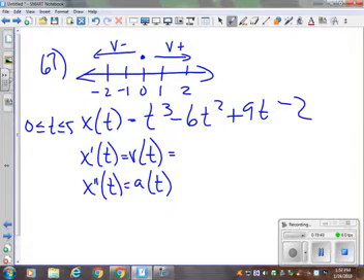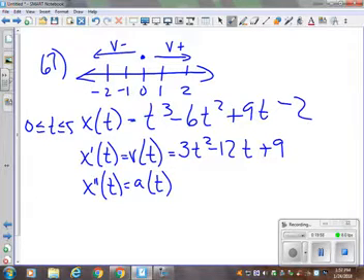So what's the velocity formula? 3t squared, and take the derivative again for the acceleration. All right, so now we have our formulas, and that's what it asks us to do in part A.